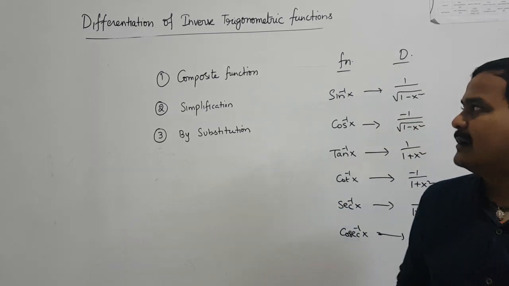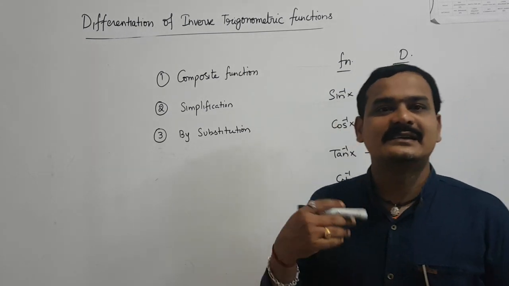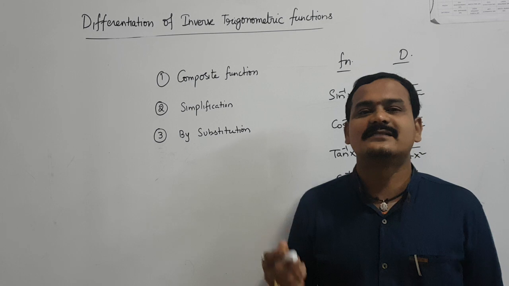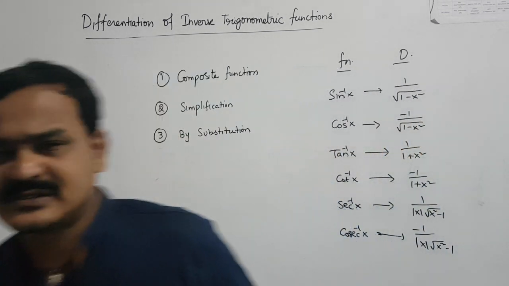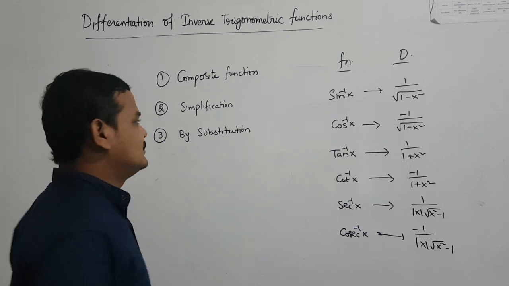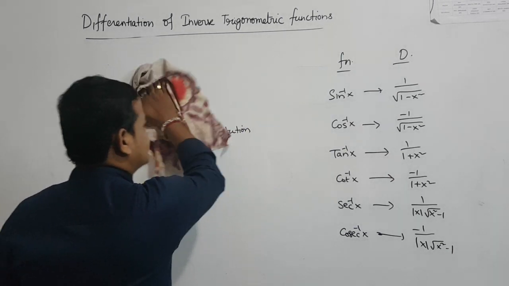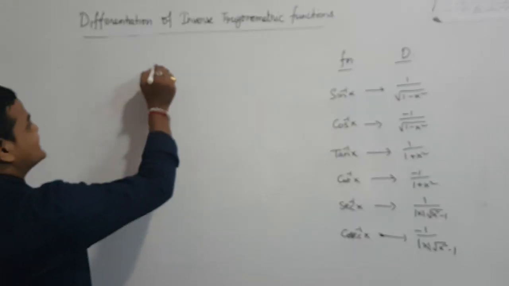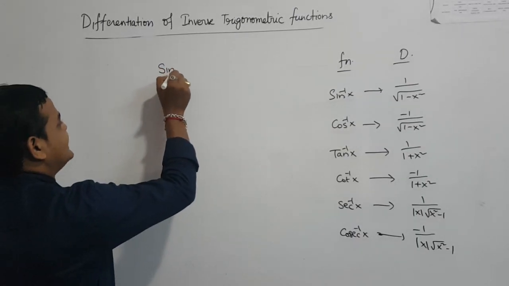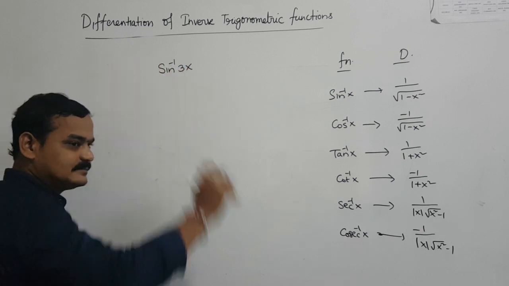So the first one is composite function, meaning some functions are linked with inverse functions. Now you are going to derive that, the same process as before, for composite functions also. First of all, I am going to take some problems. First one is sin inverse of 3x.